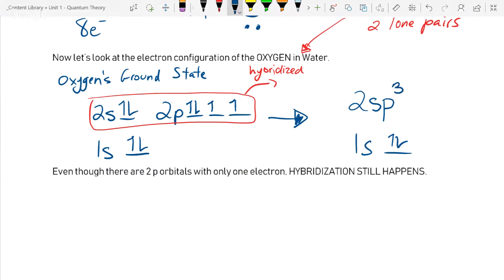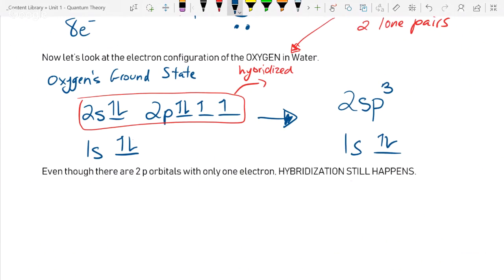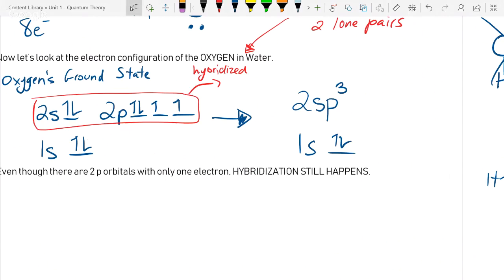So we're making an sp3 hybrid orbital. Now, we used an s, and we used 3 p's. How many orbitals am I going to end up with? 4. Good. I find, as stupid as this sounds, I find it helpful to hold it up on my fingers. S, 3 p's, boom. That's 4 orbitals. Okay. 1, 2, 3, 4.